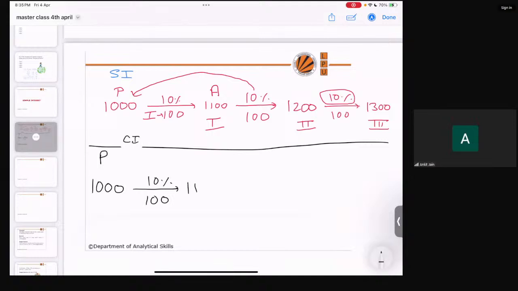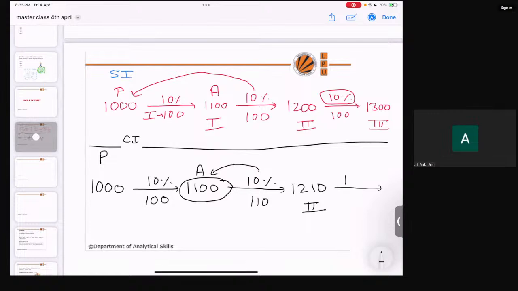It becomes 1100. This 1100 is the amount after 1 year. Then suppose we get again 10% after the first year. Then we get the 10% interest on the amount, because the amount at the end of the first year is the principal for the next year. So 10% of 1100 is 110. So your money becomes 1210. This is the amount after the second year.